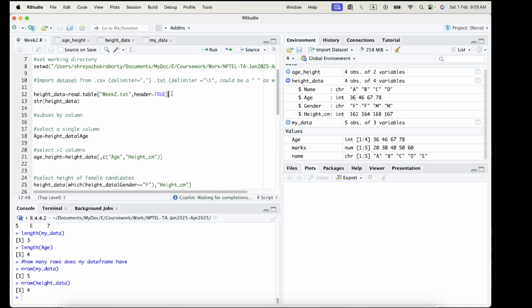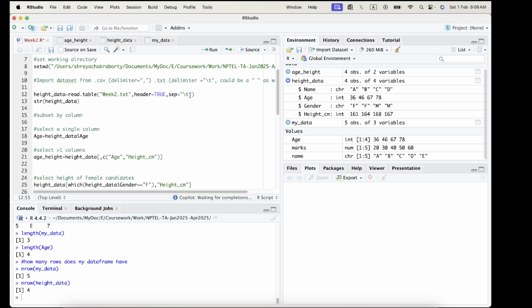By default data.table will be tab separated, but if we have some other separator stored in that file, we have to just provide sep equal to and the separator here. So in my file it's a tab, for you it could be a semicolon, it could be a hyphen or anything. So you just have to specify your separator over here.